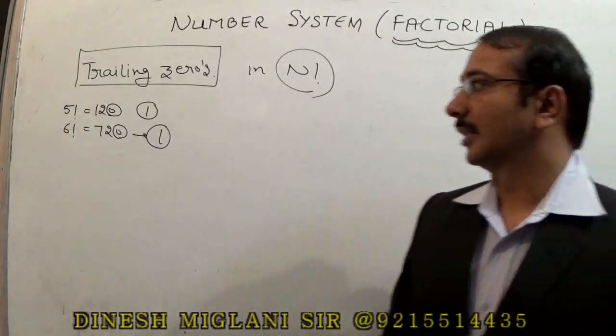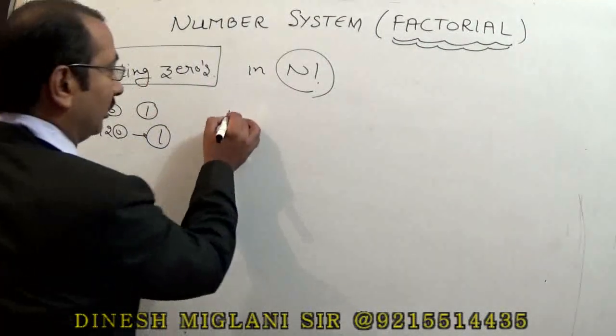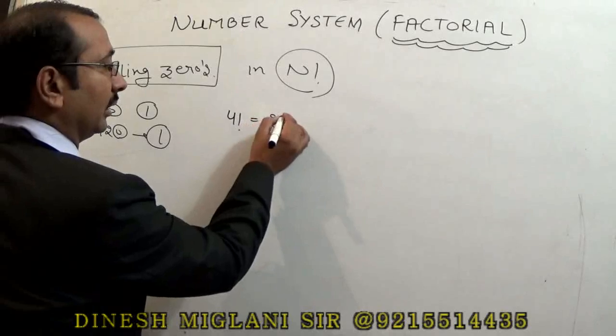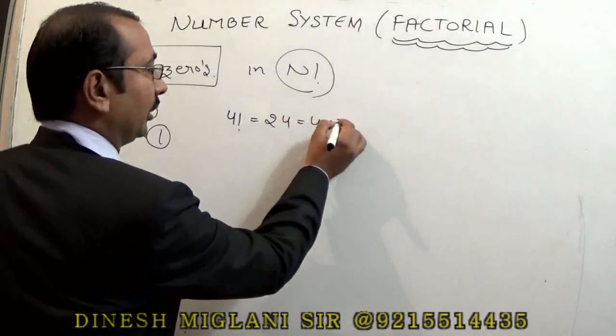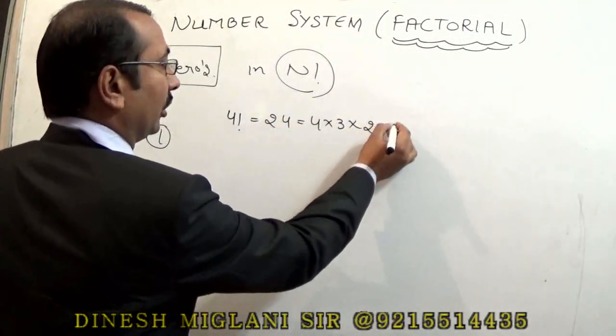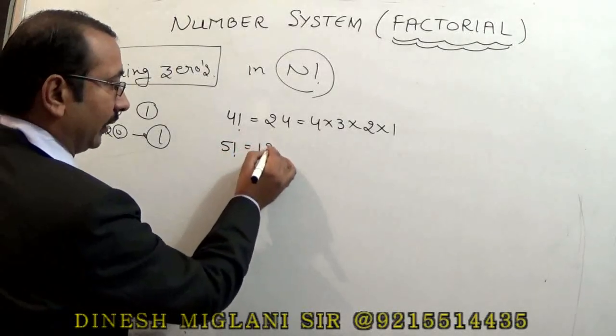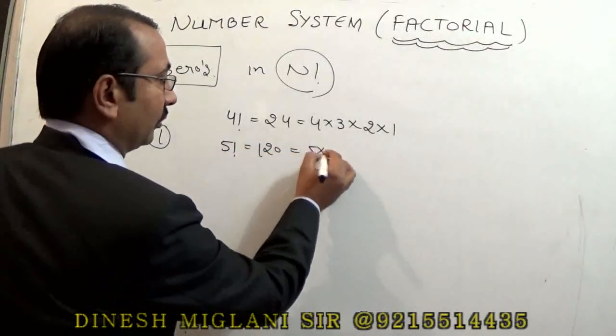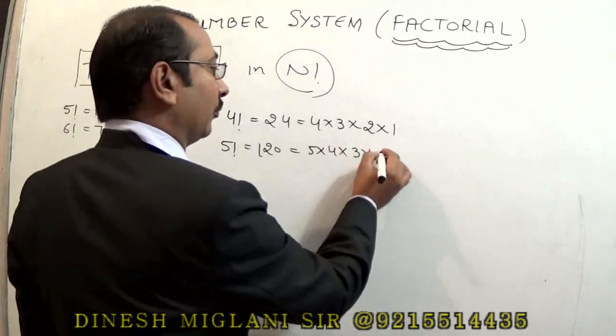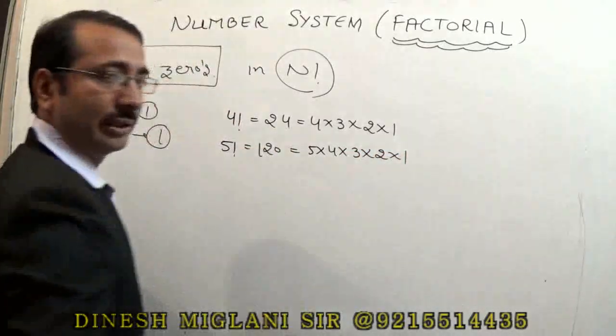Suppose if I say 4 factorial, answer is 24, 4 into 3 into 2 into 1. No trailing zeros is there. But when I say 5 factorial, it is 120, 5 into 4 into 3 into 2 into 1. One trailing zero is there.